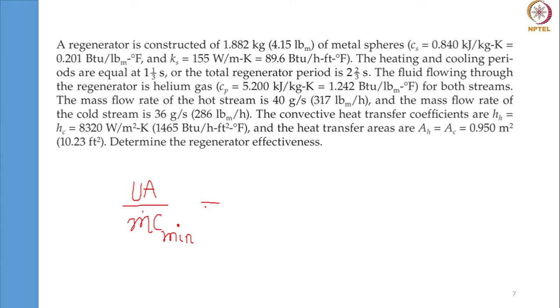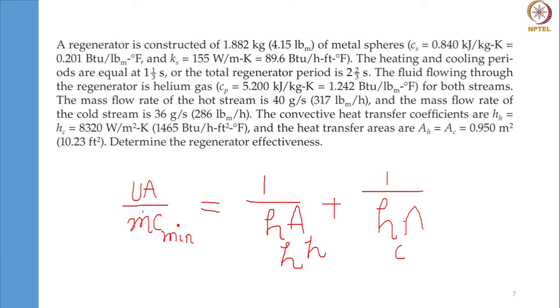So I can write UA as 1 by HH AH plus 1 by HC AC, the whole to the power minus 1, multiplied with 1 by C min.